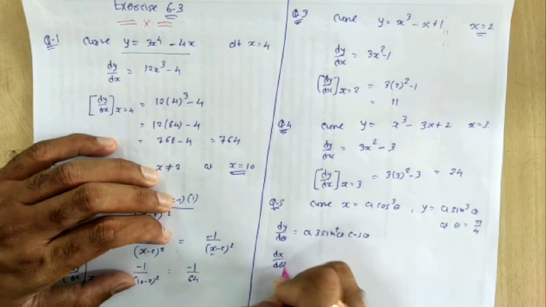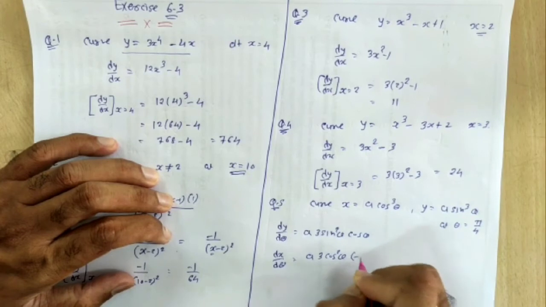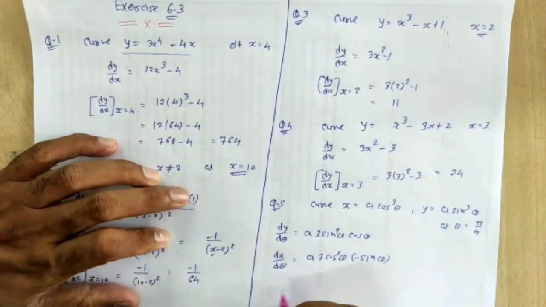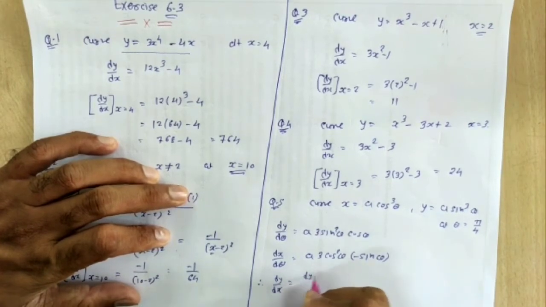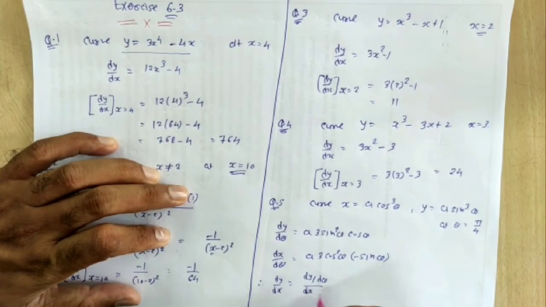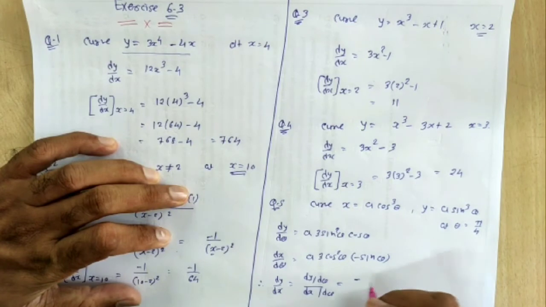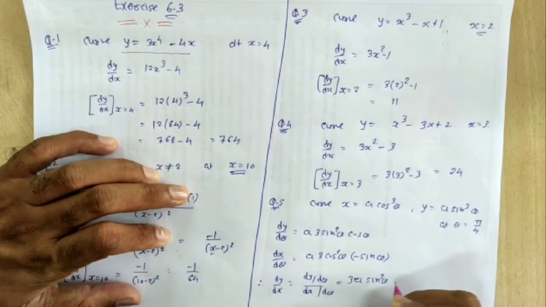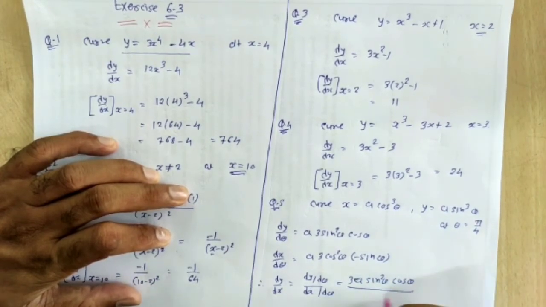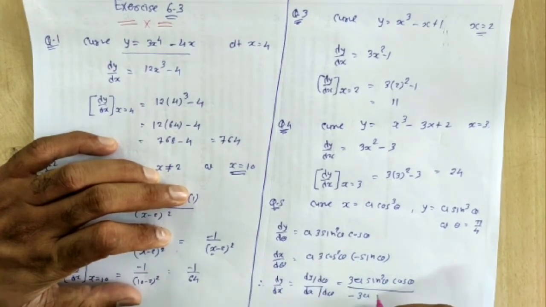Differentiation of x with respect to theta gives 3 cos square theta into minus sin theta, and therefore our dy by dx is dy by d theta upon dx by d theta, that is equal to 3a sin square theta cos theta divided by minus 3a cos square theta sin theta.